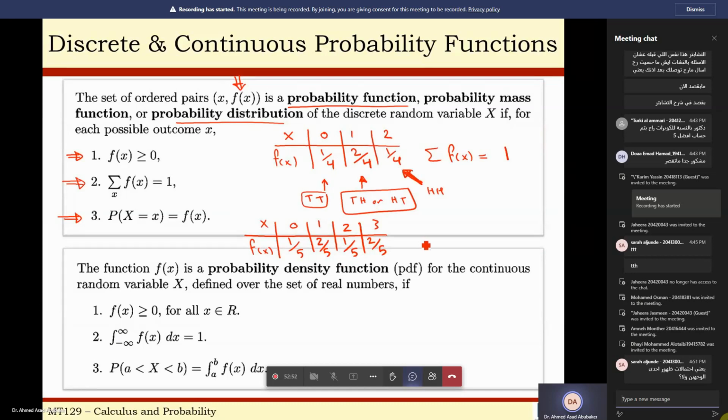But the summation of f of x equals 6/5. This is not equal to 1. So is this a probability function or probability mass function? No. Why? Because the summation of all probabilities does not equal 1.